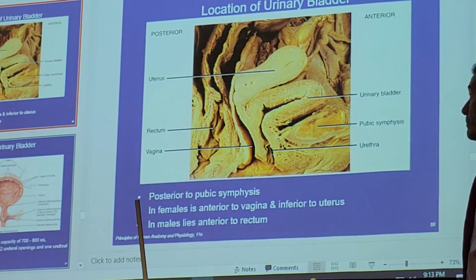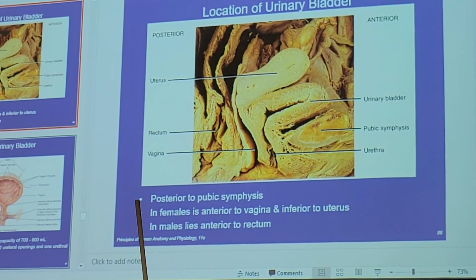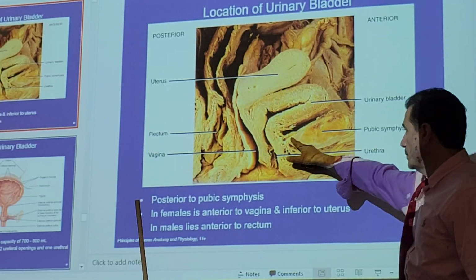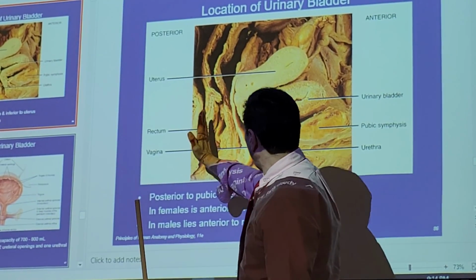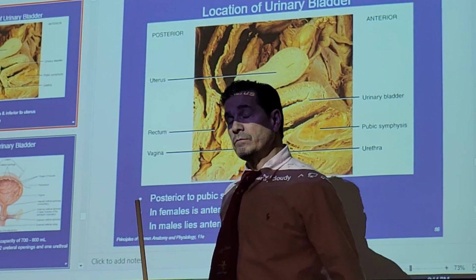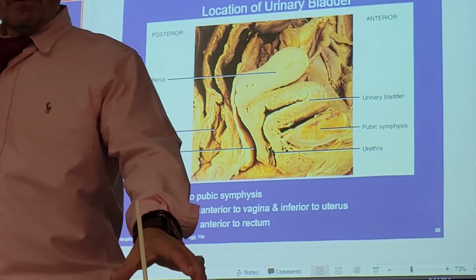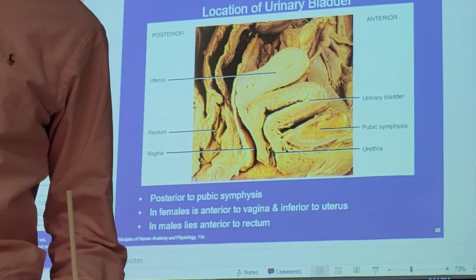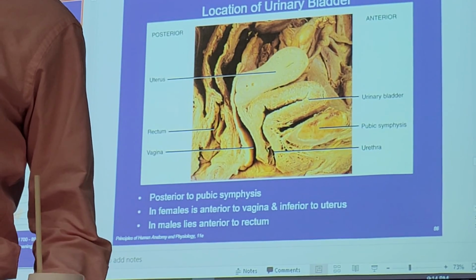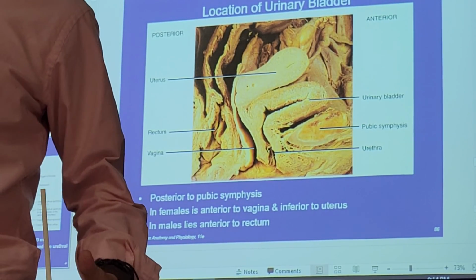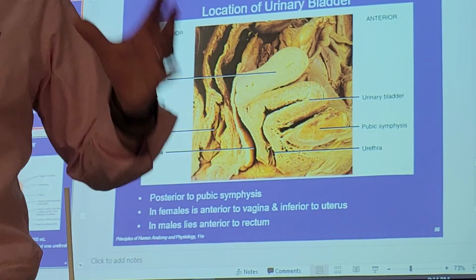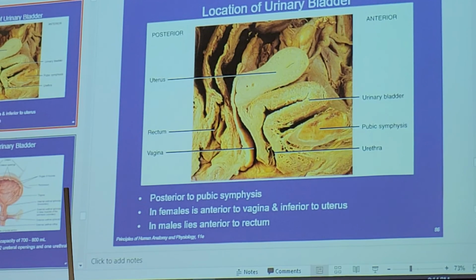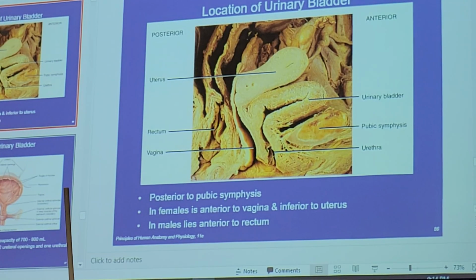Can you point out the symphysis again? Oh wait, there it is. I can't read that on the glasses. Oh, okay. And posterior to that, the rectum. So, like I said, this is a female. When you look at the pelvic cavity and how it's positioned, you can see why it's so close together and why there is more pressure on the bladder from the other structures.